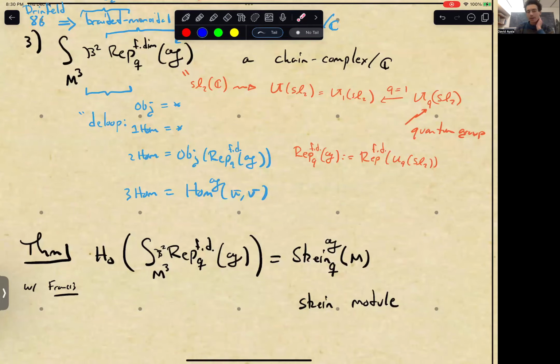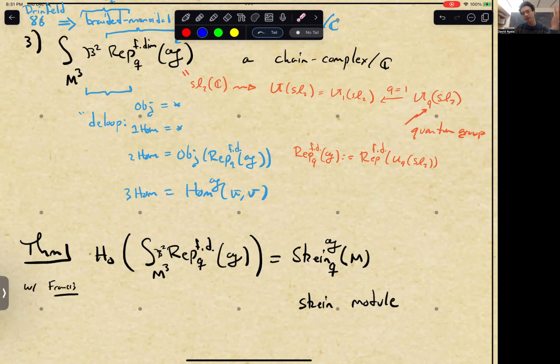In a couple of ways. One is that I mentioned this is for a framed three-manifold, and it could in fact be taken to be oriented. That's a small point. As in another paper that we posted about a year ago, every rigid braided monoidal one-category has an action of the based loops of SO3, and that in fact is essentially trivial in this case.